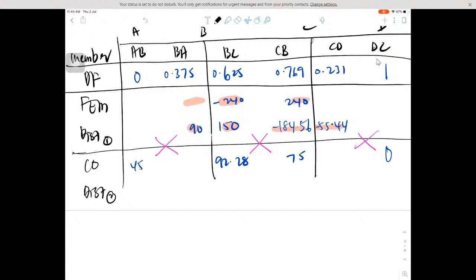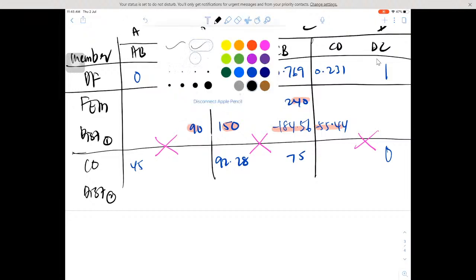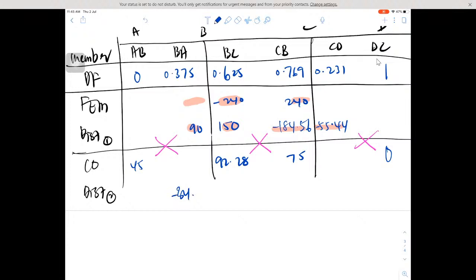Negative, because this is positive, a member end moment, so we have to change to joint moment. Joint moment is opposite, so it is negative 92.28 times 0.375, which is equal to negative 34.605, and 0.625 times negative 92.28 becomes negative 57.675.